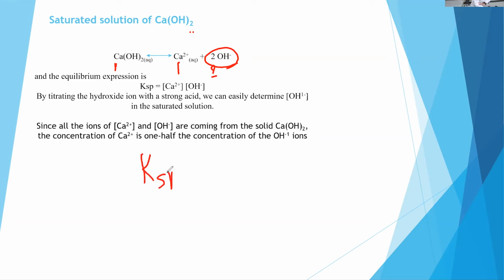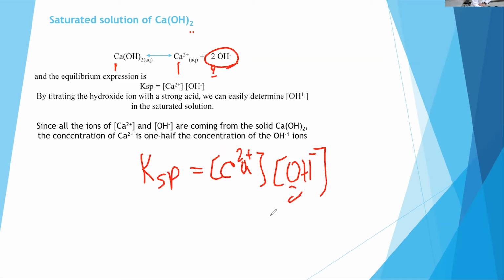Solubility product, KSP, is written based on the concentration of the products only. So we have calcium 2+ and hydroxide ion concentration, okay? So we need the concentration of hydroxide ion.